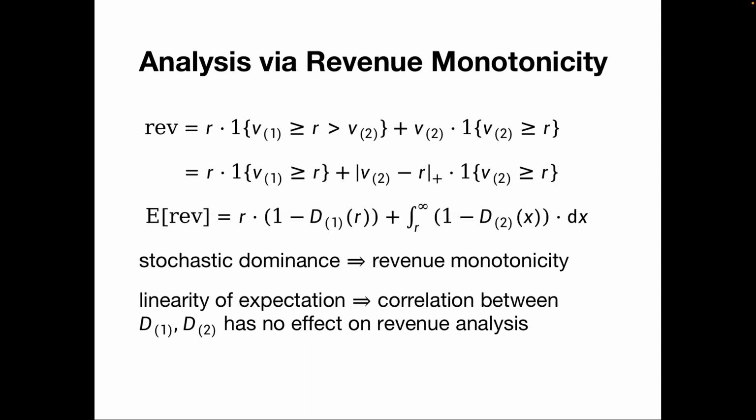Even if the value distributions are complicatedly correlated, and the first and second order CDFs can be correlated in an even more complicated way, when we talk about expected revenues, there is nothing to do with such a correlation.